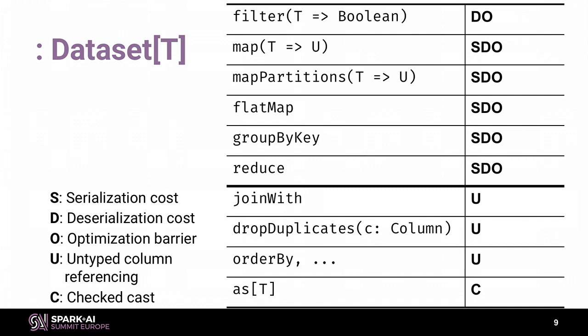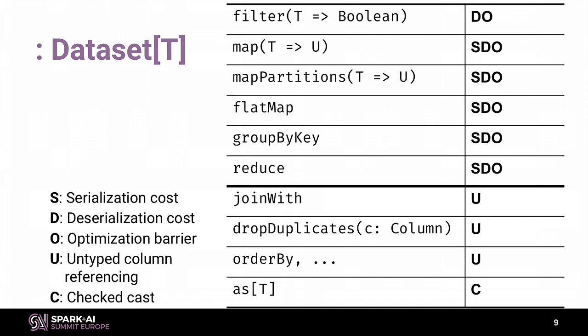So let's see what operations we have as part of the DataSet API. Above the thick line, we have operations that accept lambdas and do the transformation in Scala land. And these have those barriers that are often discussed: optimization barriers and the serialization, deserialization cost. But the methods below the thick line are still DataSet API methods, and they don't have any of these.